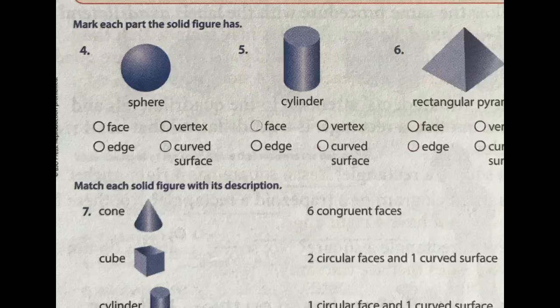Does the sphere have a face? No. Does the sphere have an edge? No. How about a vertex? No. What about a curved surface? Does it have a curved surface? Yes, it does. So we're going to fill that in.